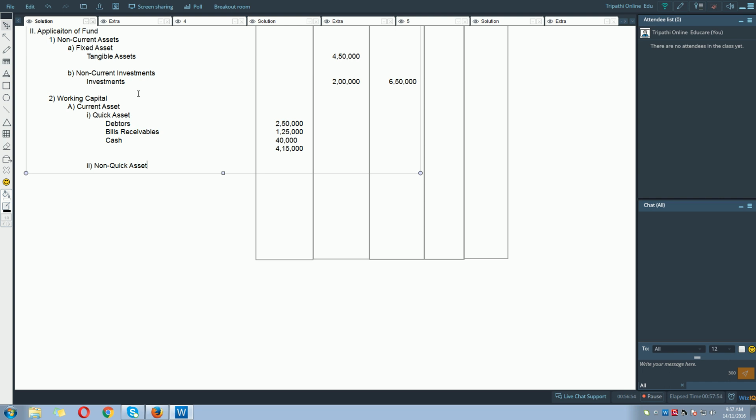The amount of debtors is 2,50,000. Bills receivable is 1,25,000. Cash 40,000. So the total of this will be, let me calculate, 250 plus 125 plus 40, that will give you 4,15,000.